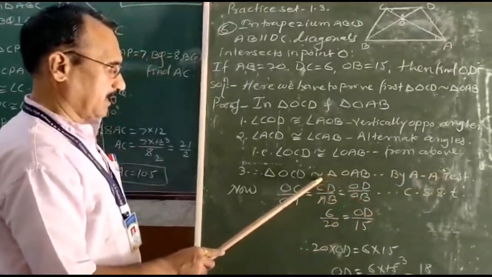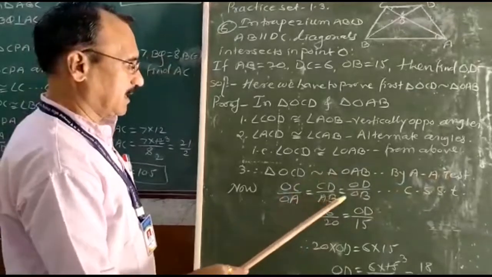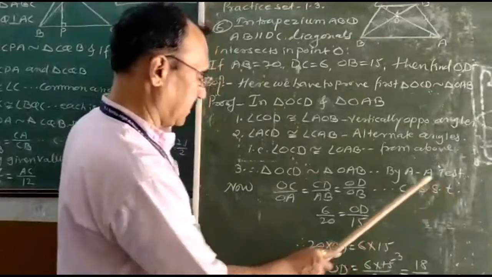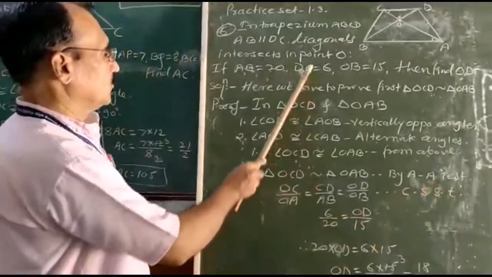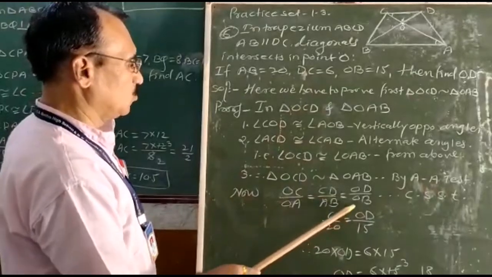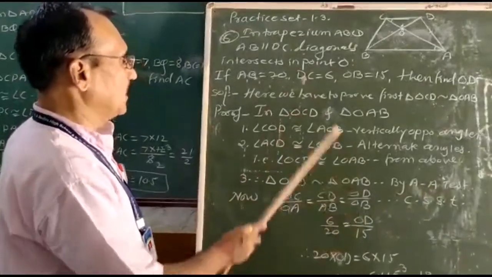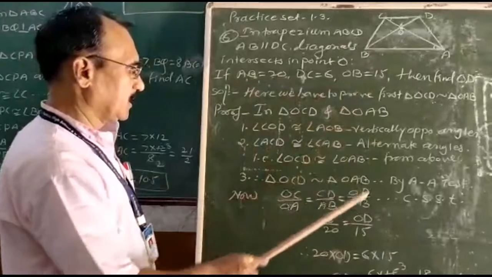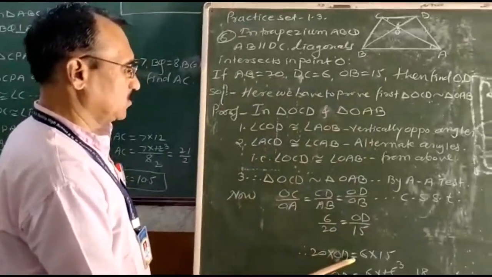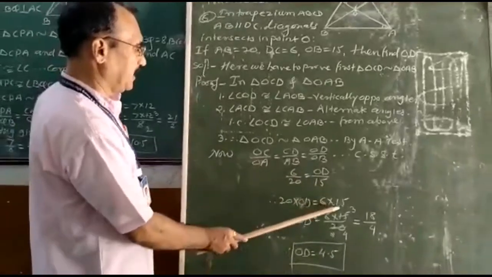If triangles are similar, corresponding sides of similar triangles are in equal proportion. Then you put these values here. 6 upon 20 is equal to OD upon 15. These values are already given here. After cross multiplication, 20 into OD is equal to 6 into 15.